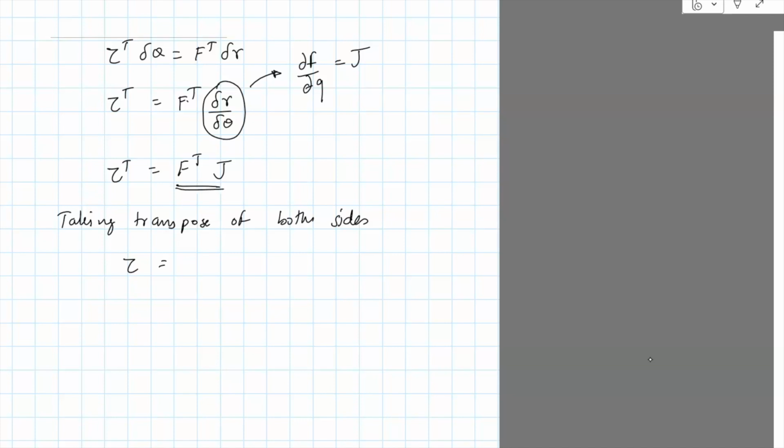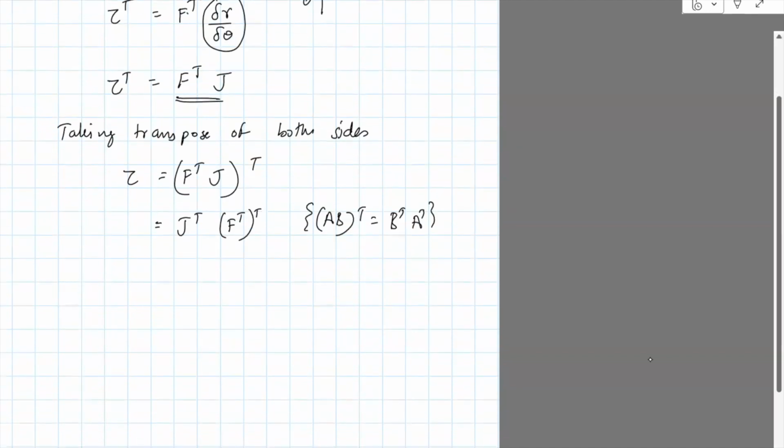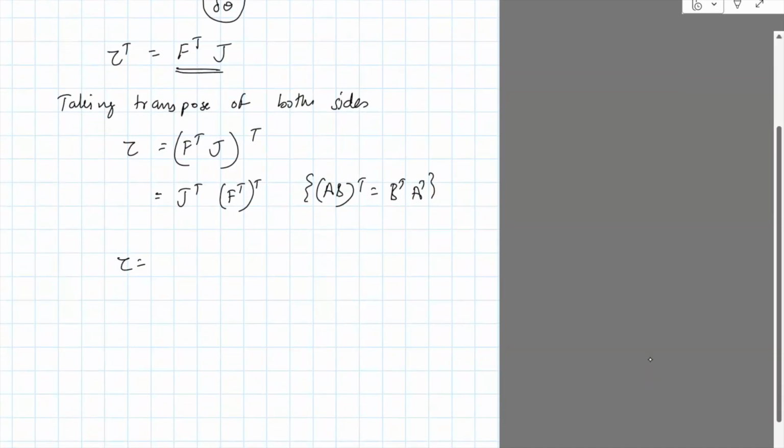And when you take the transpose of the right side, this is one of the identities given in homework 1: AB transpose is B transpose A transpose. So it'll be J transpose F transpose of transpose. So to finish up, tau is J transpose F.